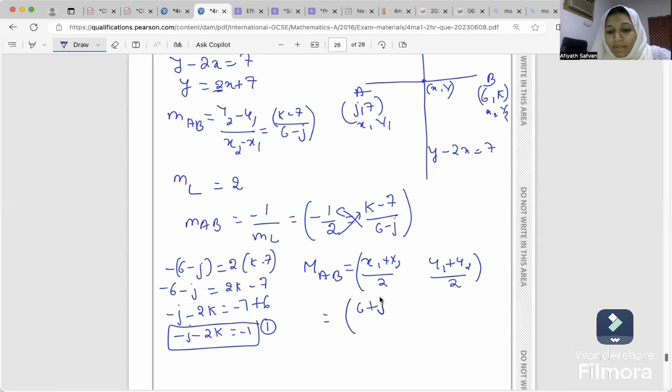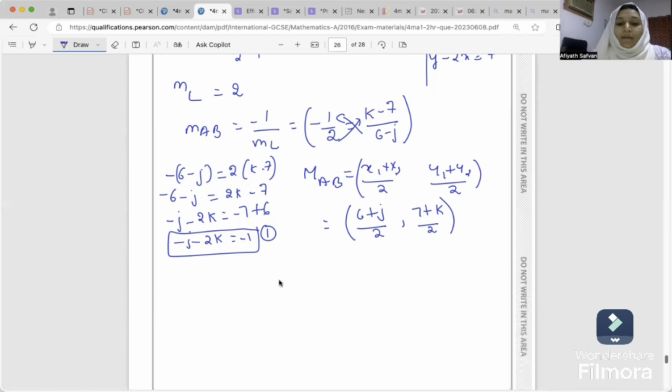So it will be (6 plus j) by 2 and (7 plus k) divided by 2. This is the midpoint where the line y is equal to 2x plus 7 is passing through. It is the point of intersection.